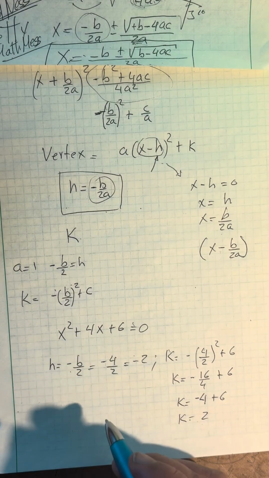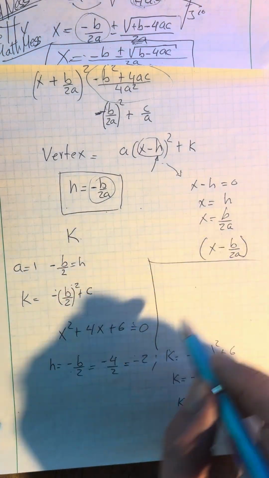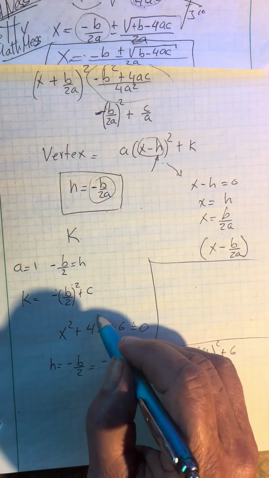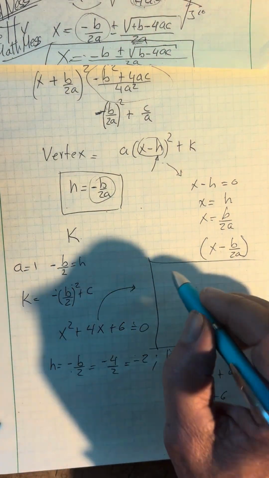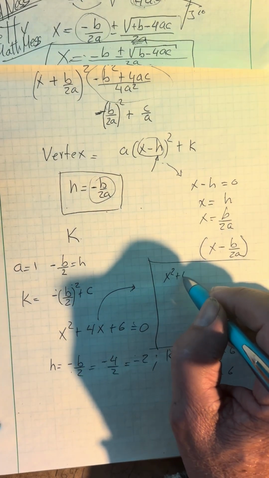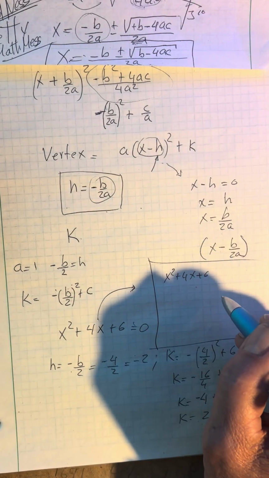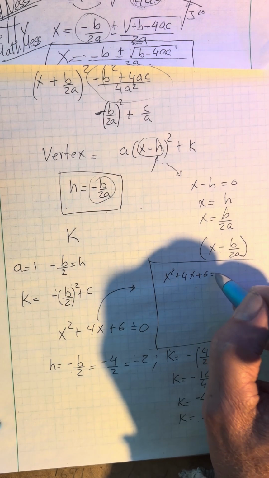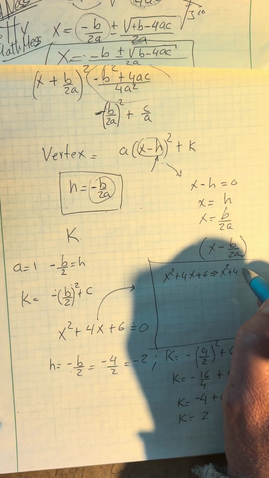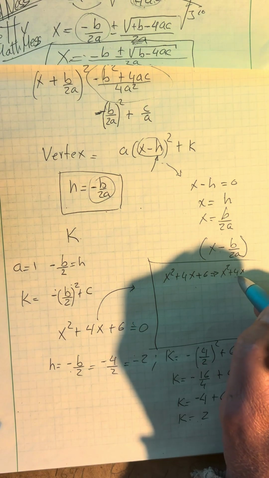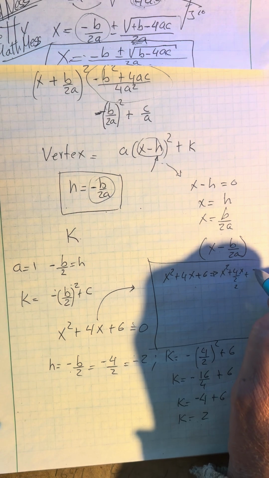Now we're going to do it the regular way of trying to find the perfect square. Let's do this problem here, and we'll write x squared plus 4x plus 6. So we rewrite this as x squared plus 4x, and half of 4 is 2, squared is 2 squared.